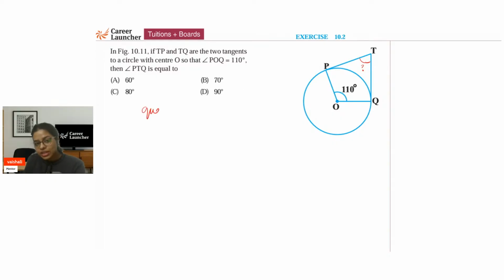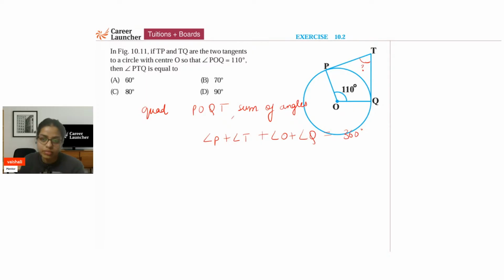In any quadrilateral, for instance if my quadrilateral is POQT, what is the sum of angles? Angle P plus angle T plus angle O plus angle Q is equal to 360 degrees. Right? So I know one of the angles, O, but what about angle P and Q?